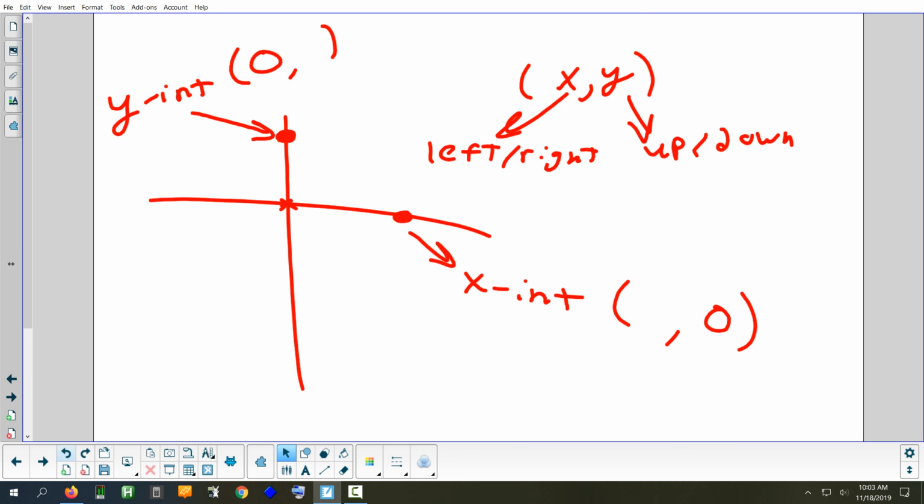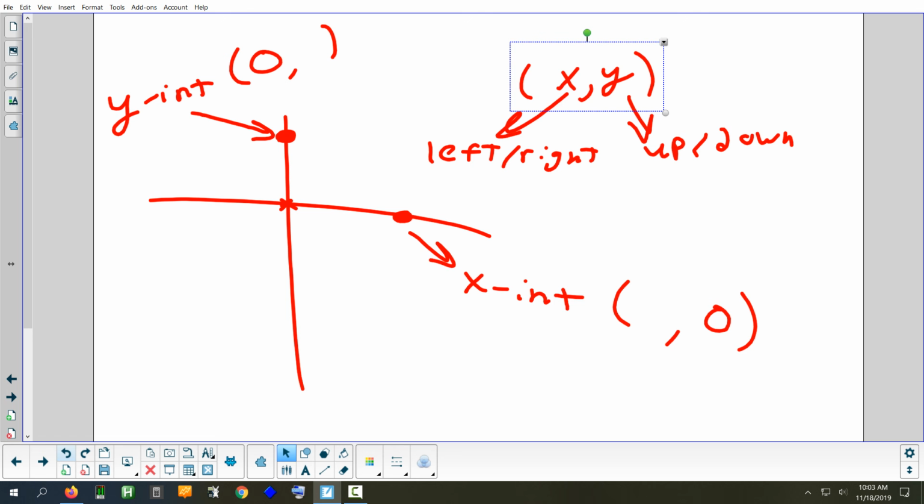You don't go left and right at all. You go up. How far up? I don't know. Every problem's different. Maybe you went up 2, up 3, up 4. But you're never going to go left and right to get to the y-intercept, ever. So the y-intercept is always going to have a 0 for the x value.